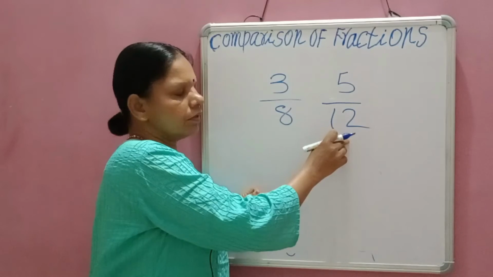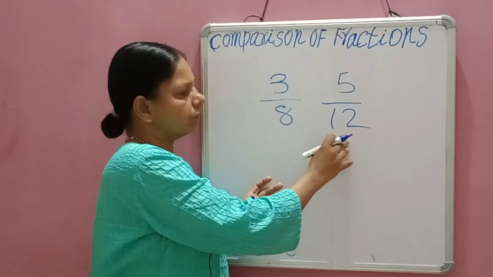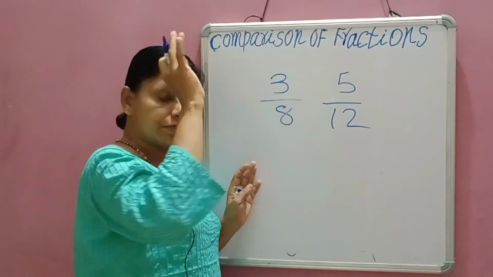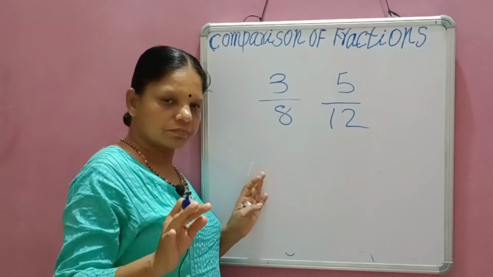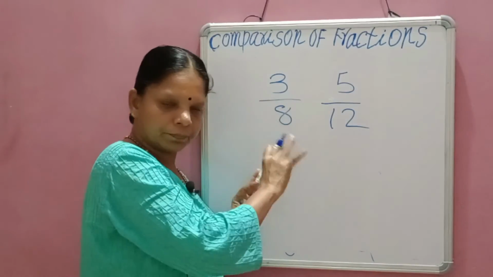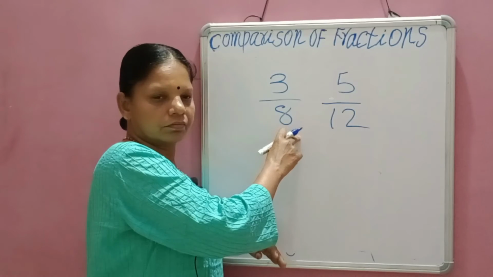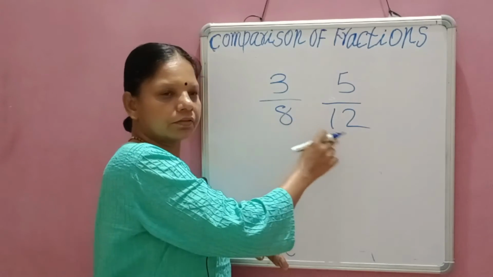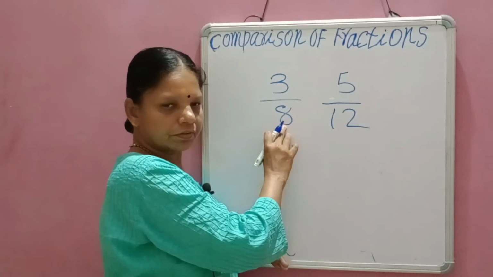See, look at 8 and 12. It is not that the general rule you should keep in mind always; in this also you can apply that. But there is an easier way you can do it. Here common factors are there. What is that? 4 is a common factor.